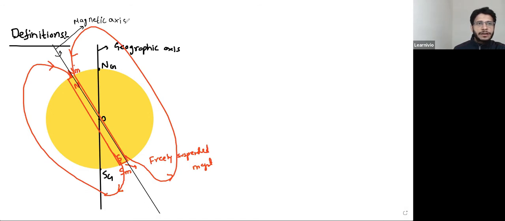This is the axis passing through, this is magnetic south, meaning the south pole of Earth's magnetic field. This is magnetic north.